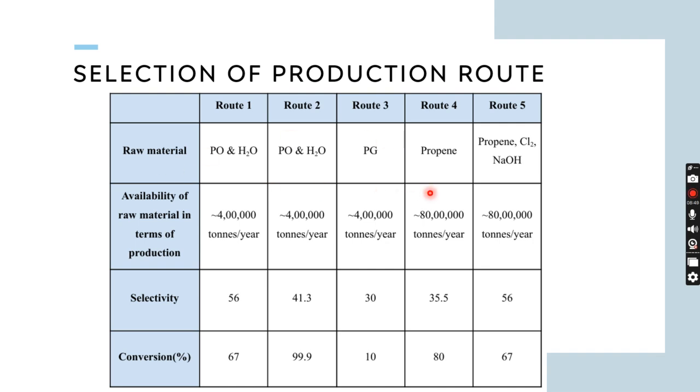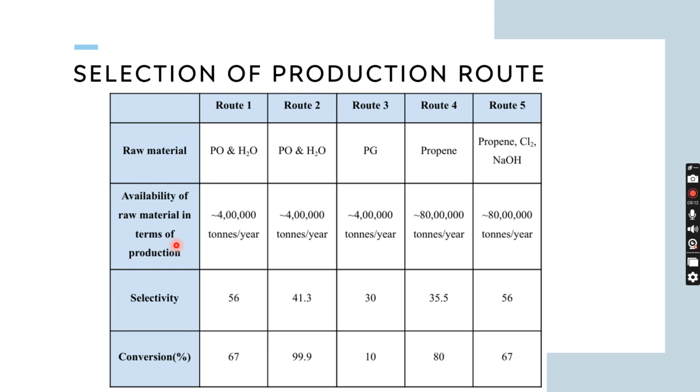So this is the raw material. It is not something comparable, but it is something we should keep, or we should summarize it in a table so that we know how much raw material we require. Water is readily available in any plant location or nearby. So the main raw material here will be PO, propylene oxide, and PG.